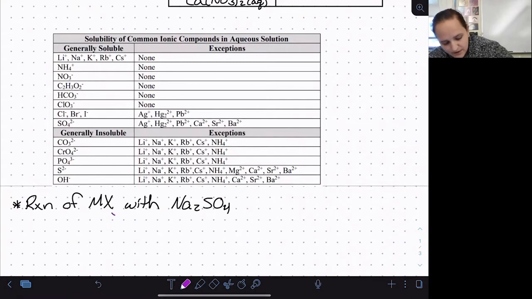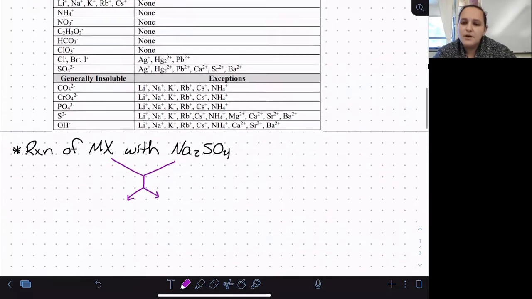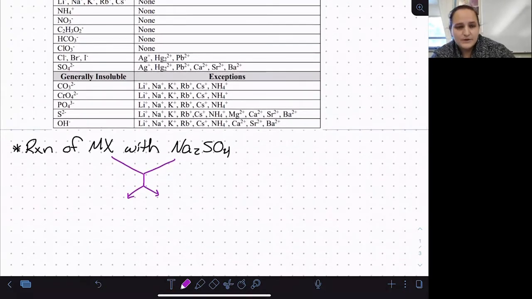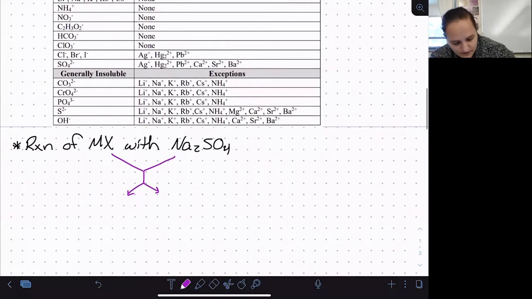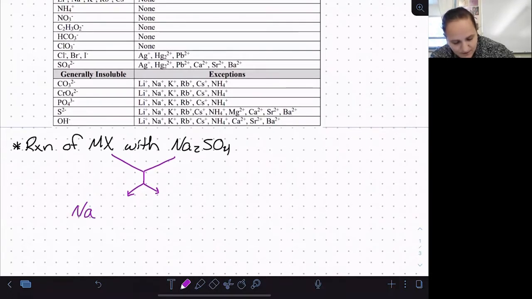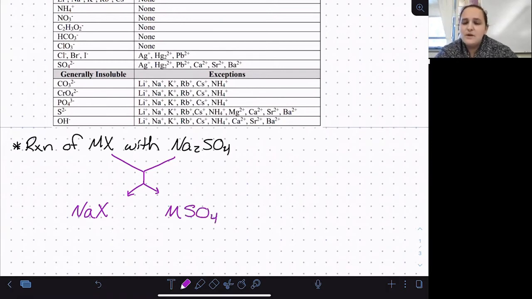Now, we can't figure out exact formulas for our products, but we know how the ions are going to be paired. So sodium is going to end up paired with X in some ratio, doesn't really matter, and our cation M is going to end up paired with sulfate. So these are our 2 products. We don't know what X is and we don't know what M is yet, but that's okay. This is going to help us actually.